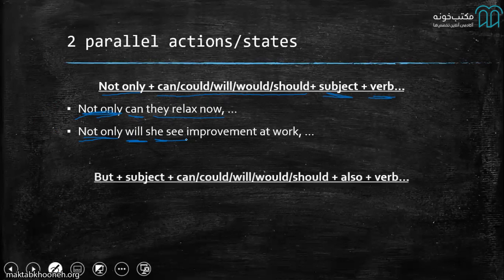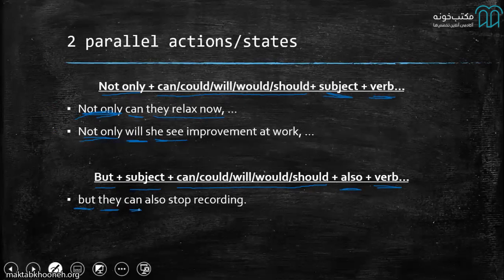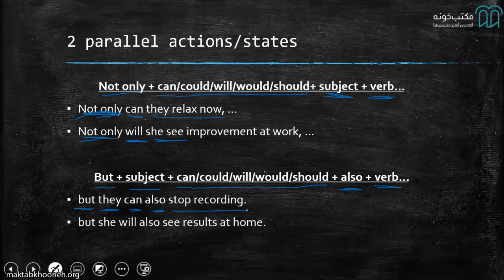Now, the other side would be like this: but, then subject, then can, could, or any modal verb, plus "also," plus verb. So it would look like this: but they can also stop recording. So you've got the "but," "they can," and then "also," and the rest. But she will also see results at home.